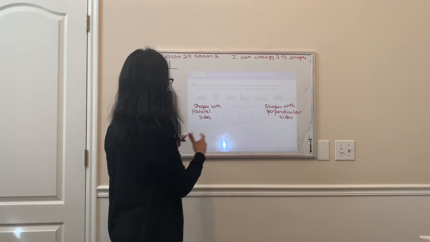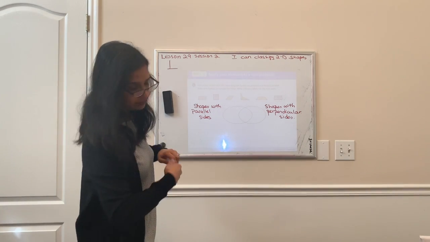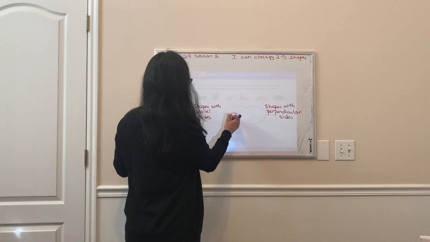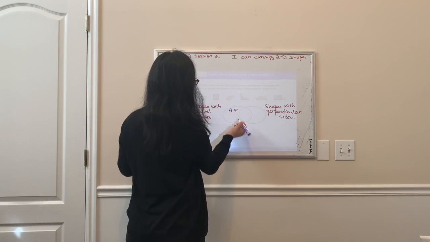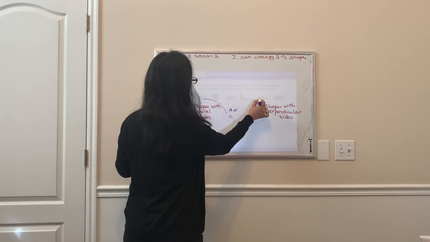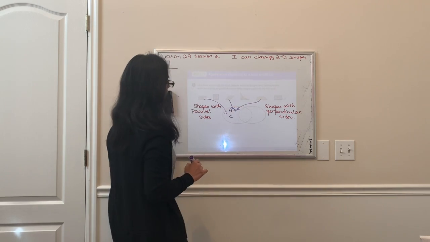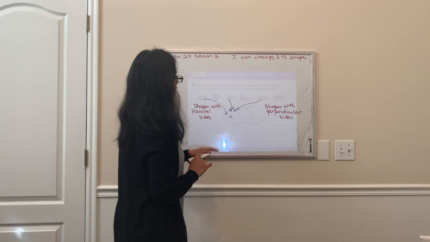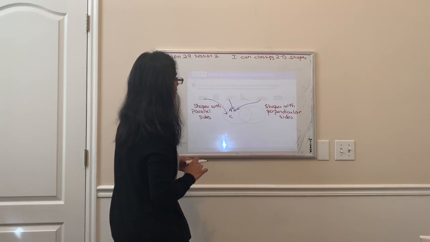What shapes would go into the one with parallel sides? A, E, and C. Do you see that? A, E, and C. Which ones would go into the oval with perpendicular sides?